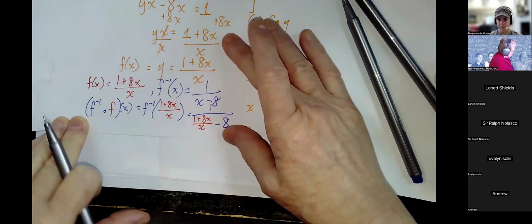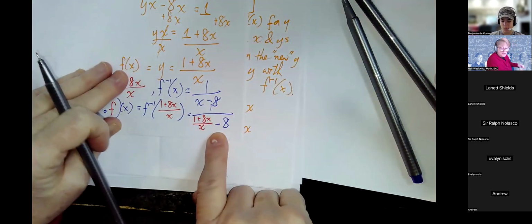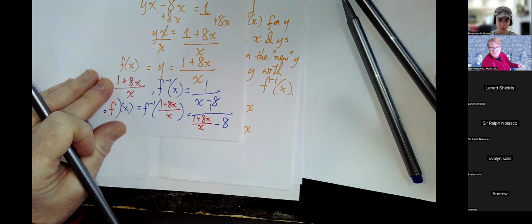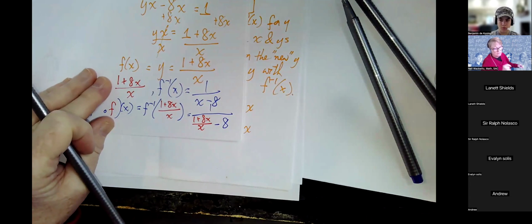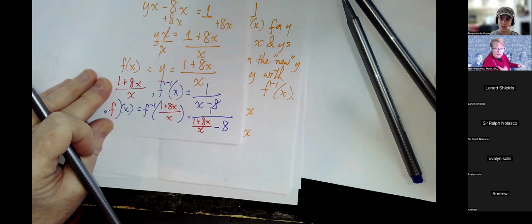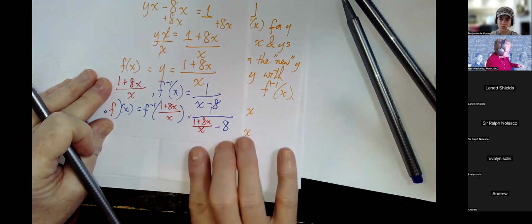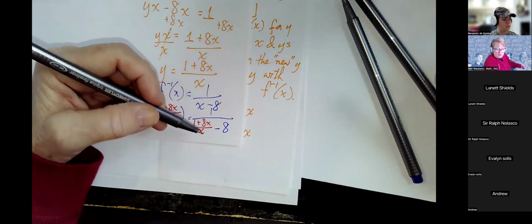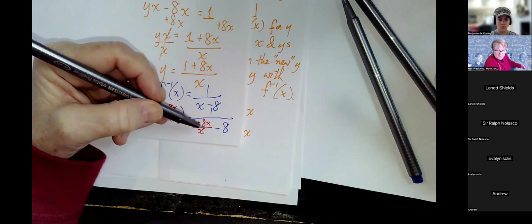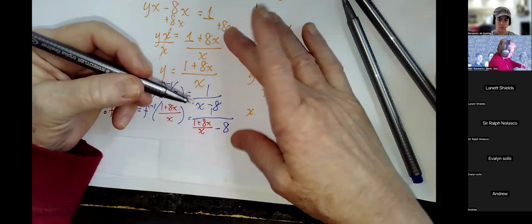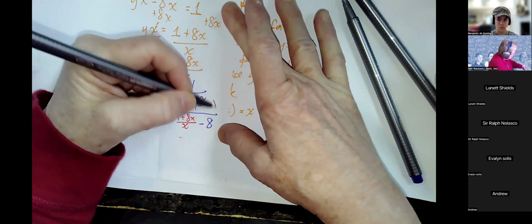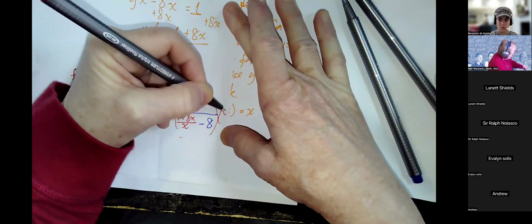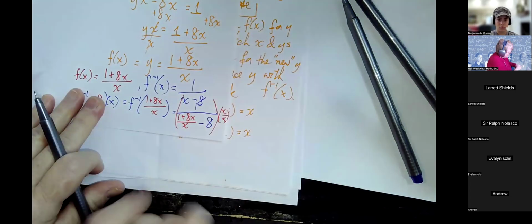Yep. Now, this is a complex fraction because it's got fractions inside a fraction. The most useful way, I think, to simplify a complex fraction is to identify the inside denominator. Here, the inside denominator is x. I want to multiply numerator and denominator by that x.